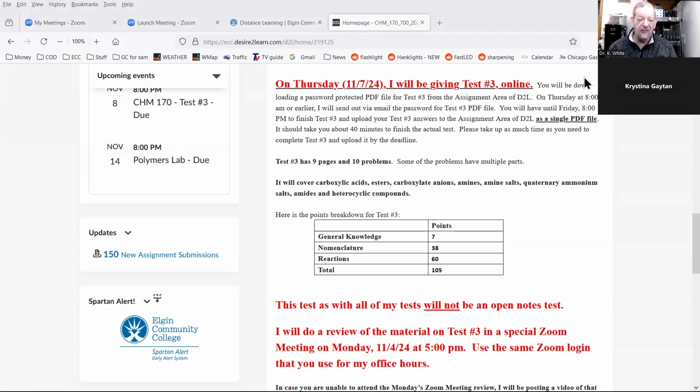The English pronounce it actually amides, but here in the United States, amides, and heterocyclic compounds. And the point breakdown is 7 points general knowledge, 38 points nomenclature, and 60 points reactions. And there's 5 bonus points.